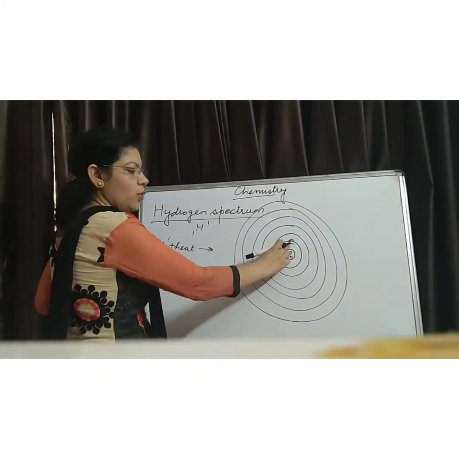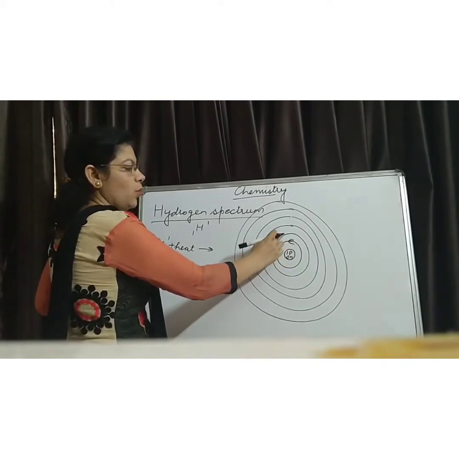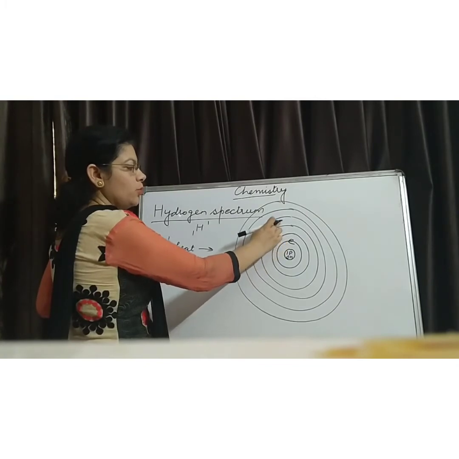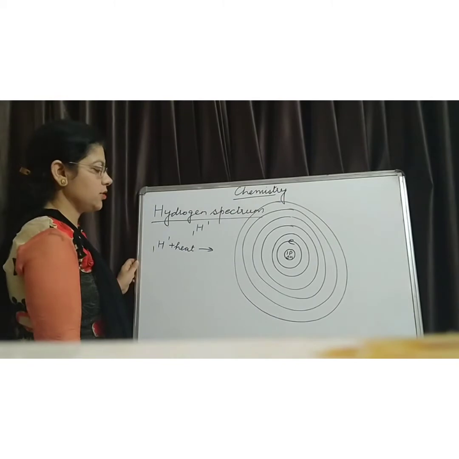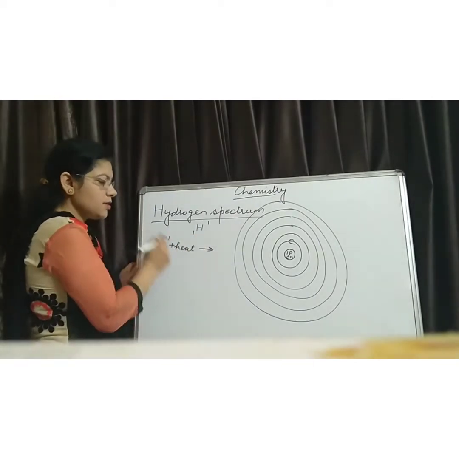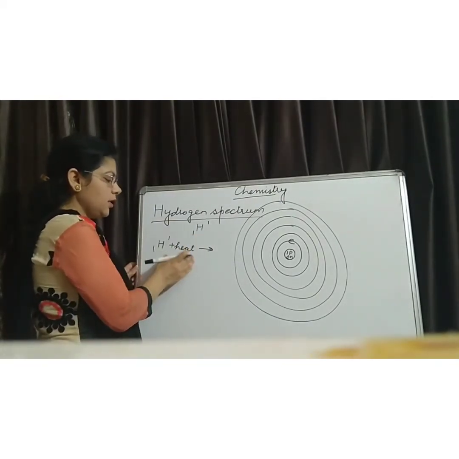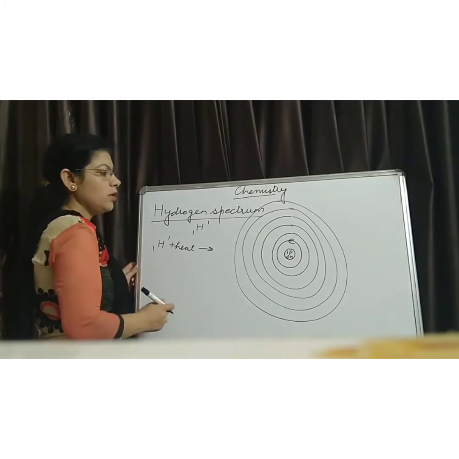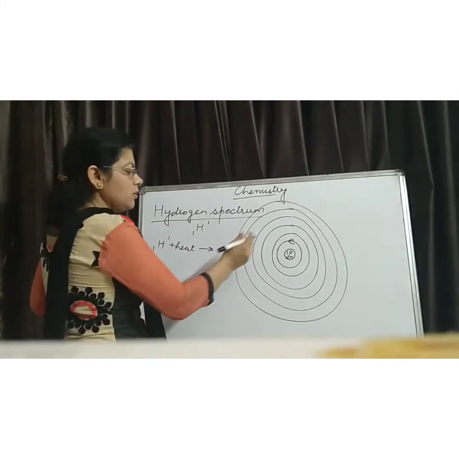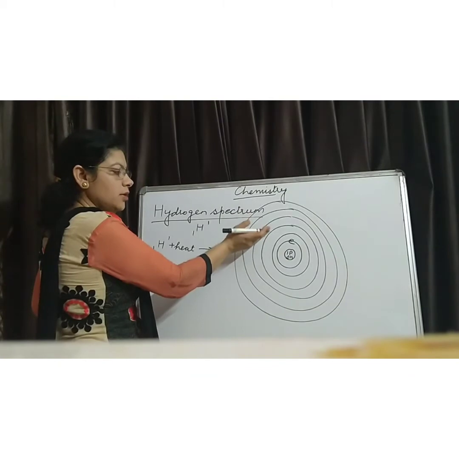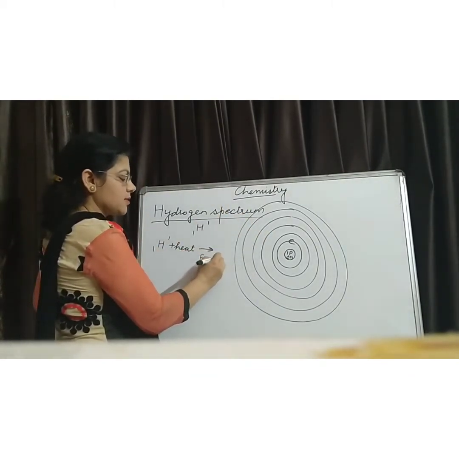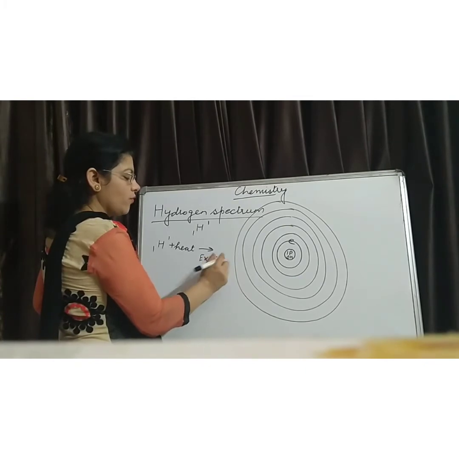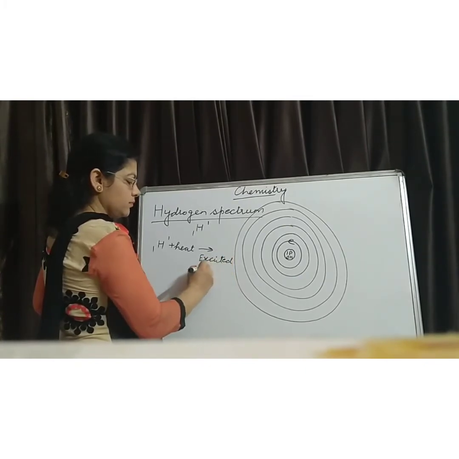Whenever this electron gains energy, then it will jump into another orbit of higher energy. Let us consider that when we supply the heat or energy to this electron, then the electron jumps into another orbit, which is known as the excited state of the hydrogen.